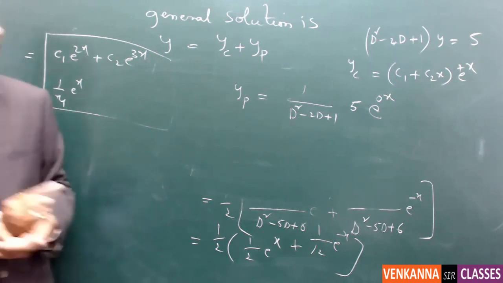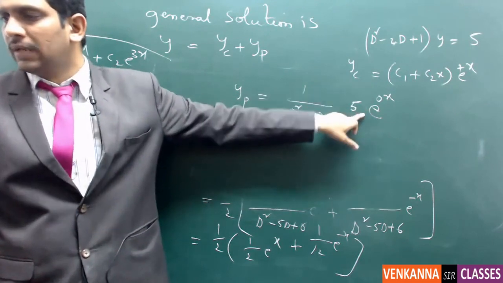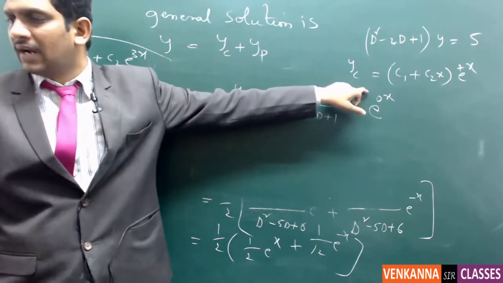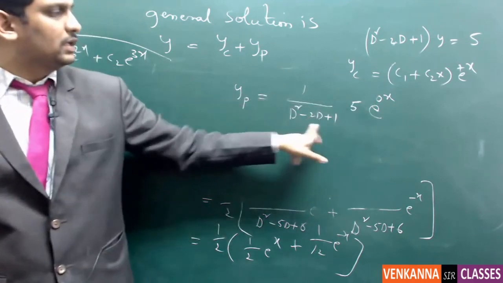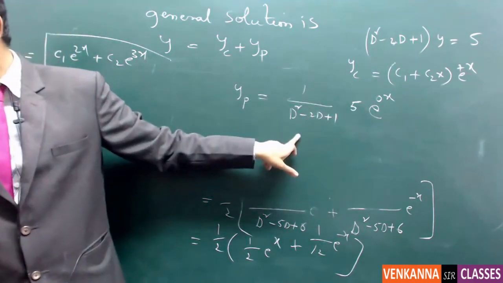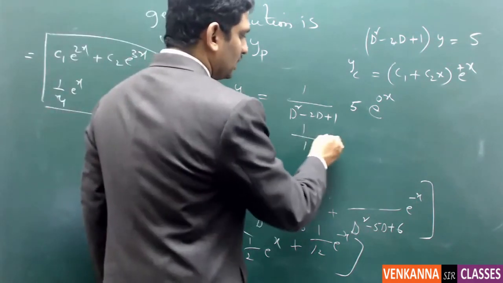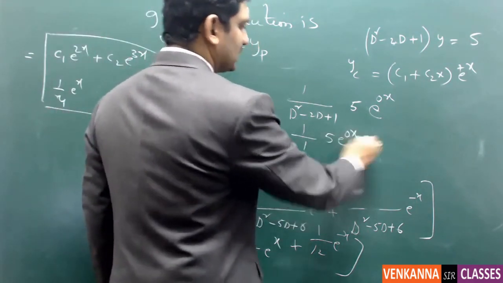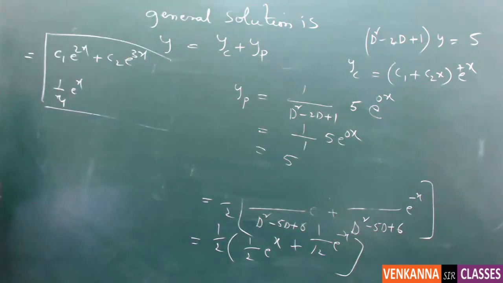So it will be treated as 5 into 1, where 1 is nothing but e power 0x. The power contains 0, so you are going to substitute 0 in place of d in the denominator. So 1 by 1 into 5 into e power 0x, nothing but 5. Okay?